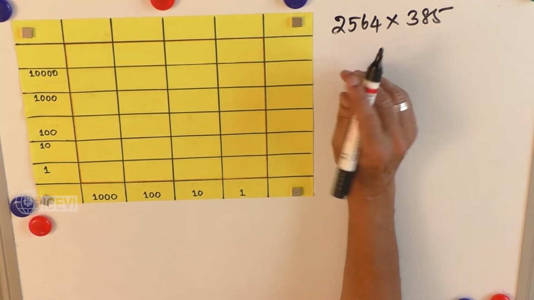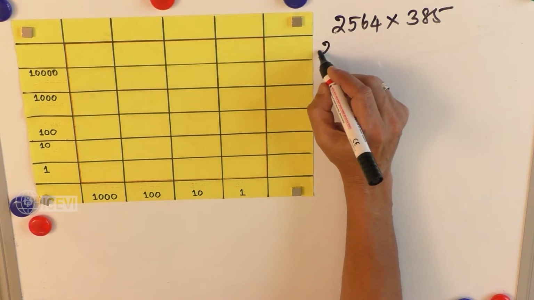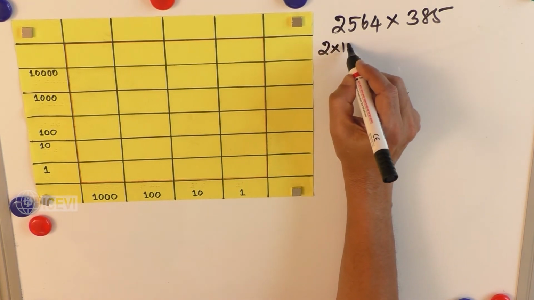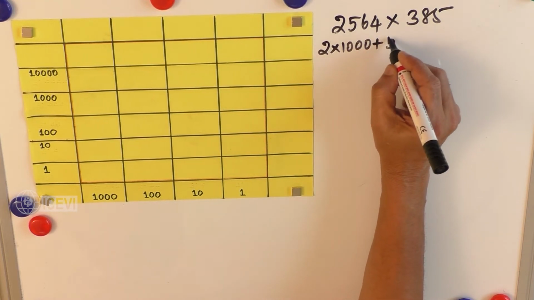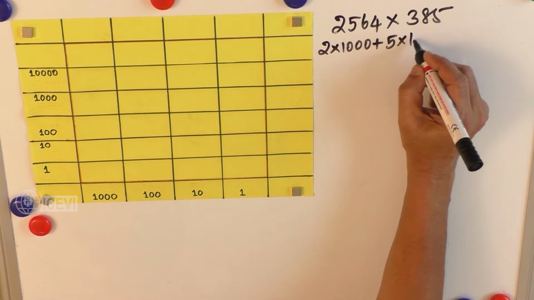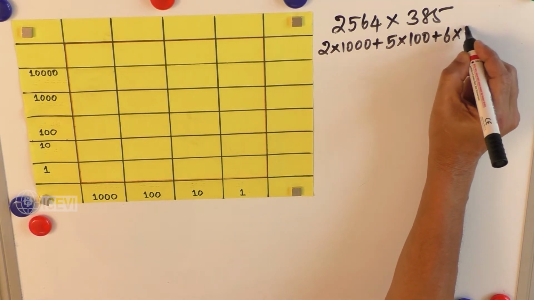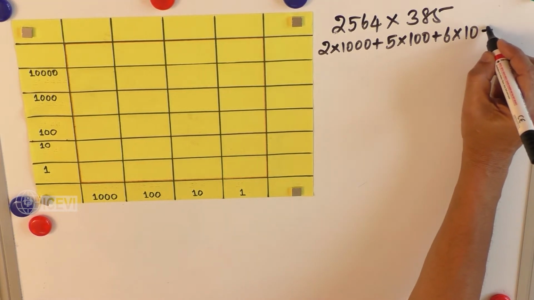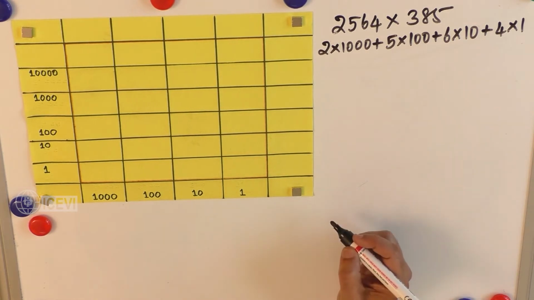So how can 2564 be broken in the expanded form? It is nothing but 2 multiplied by 1000, that is 2000, plus 5 multiplied by 100, that is 500, plus 6 multiplied by 10, that is 60, plus 4 multiplied by 1, that is 4.